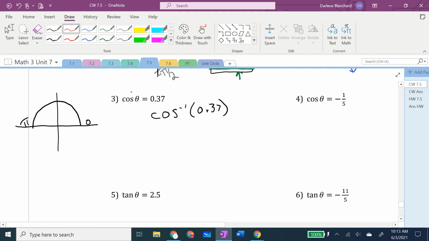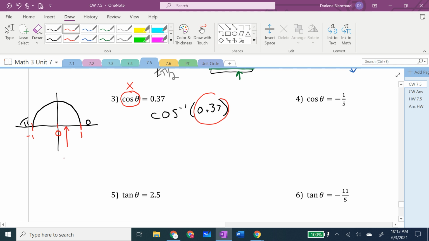Now cosine represents x coordinates as you go around a circle. My x coordinates are 1, -1, 0, and then I've got some special numbers that you're expected to know without a calculator around. 0.37 is a number between 0 and 1.